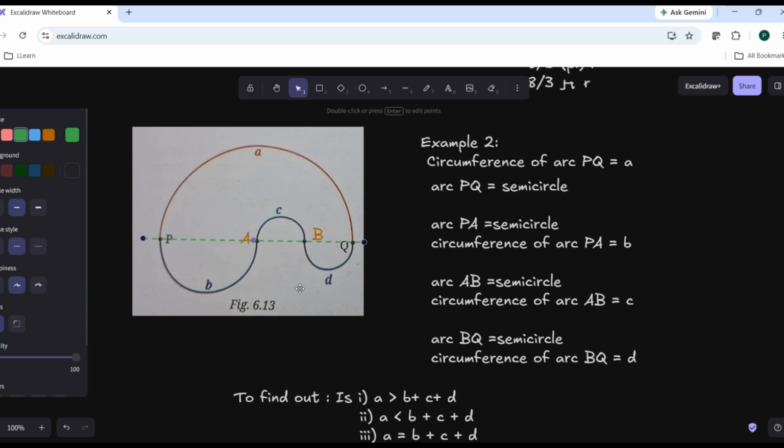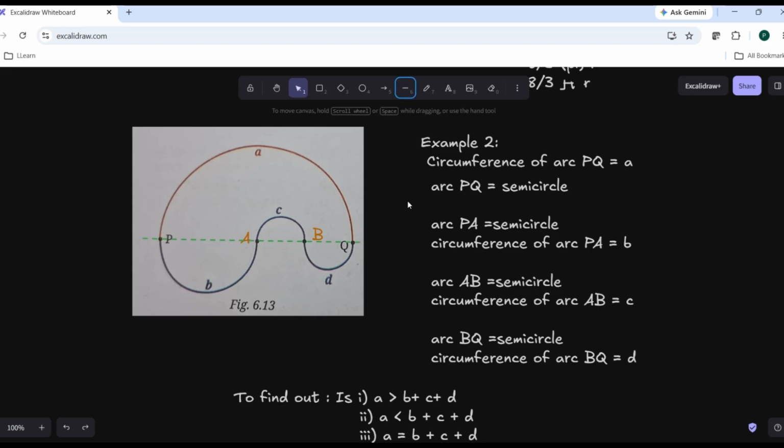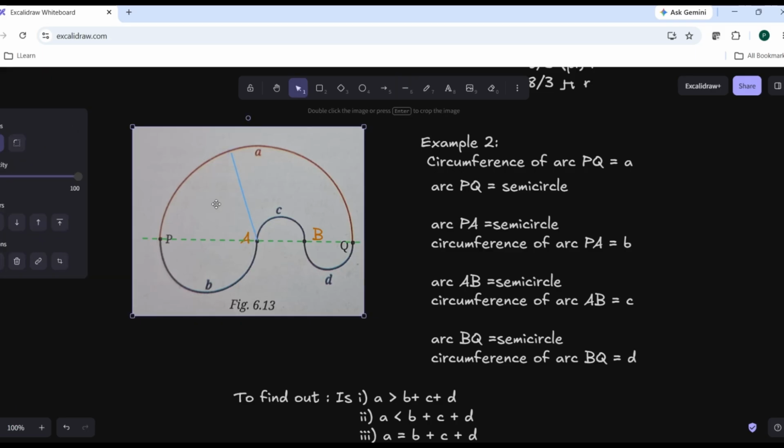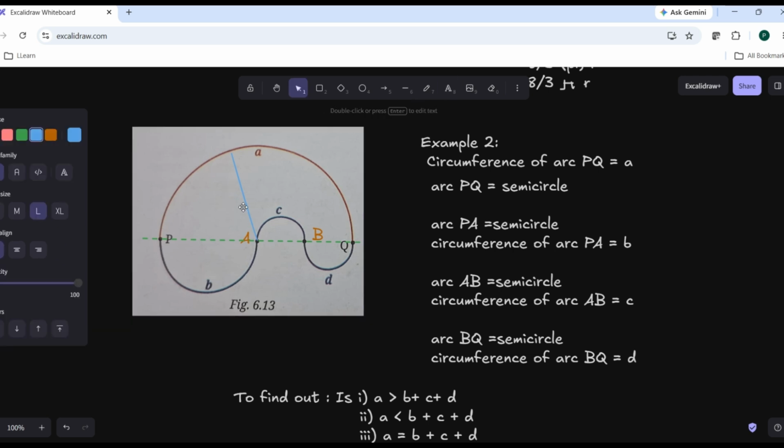Now let's take an assumption. This is green, so I'll take blue. This is the radius of the circle PQ.